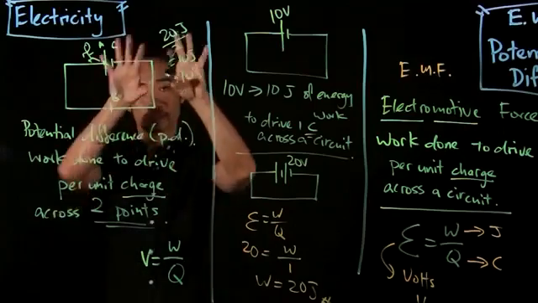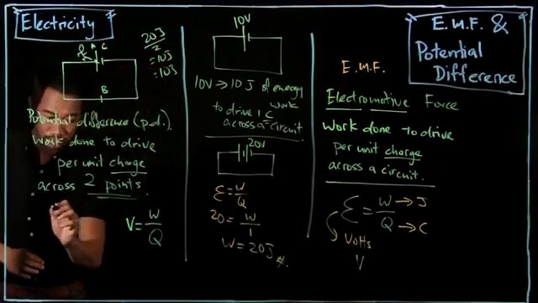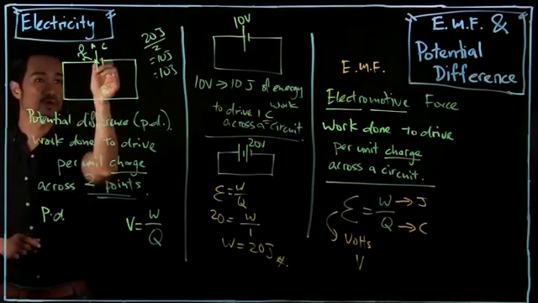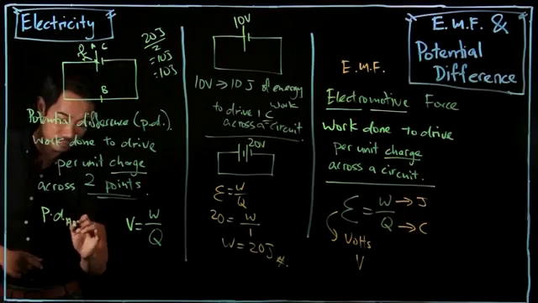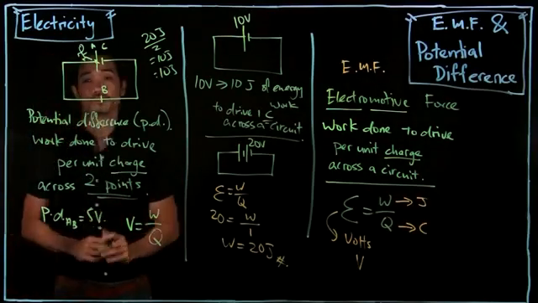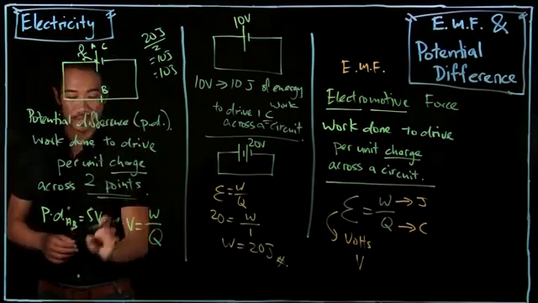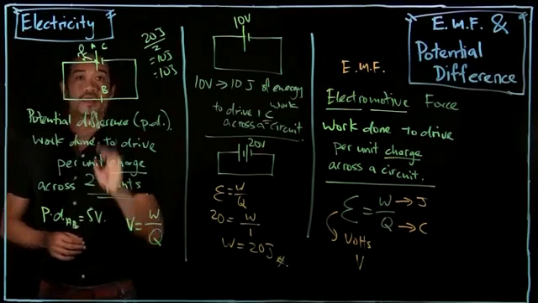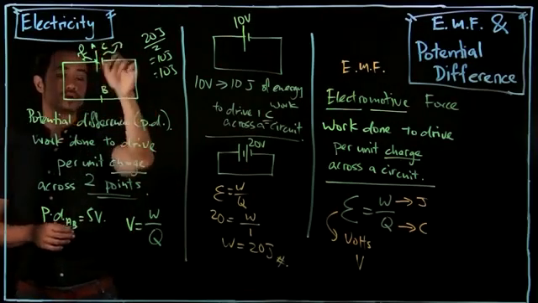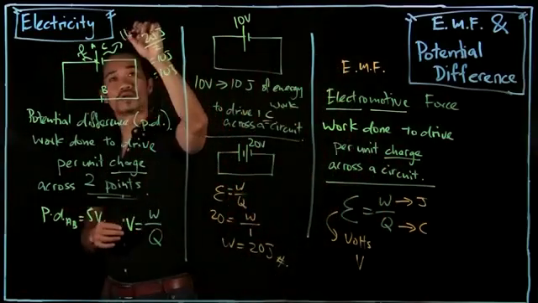So take this concept and put it into potential difference. I can say the potential difference from A to B is equal to 5 volts. It means that the work done to drive the charge from A to B is 5 joules. And let's say the EMF, which is the total energy source to drive across a circuit, is 10 volts.